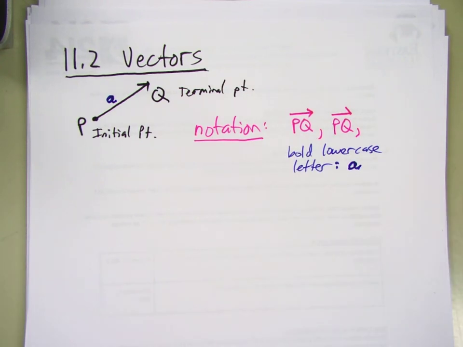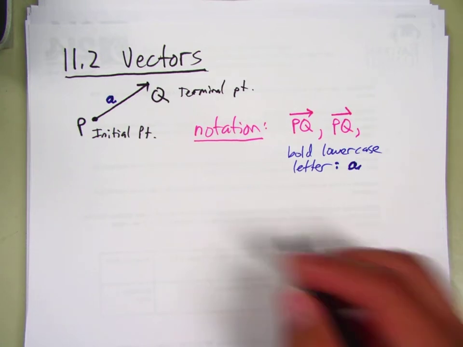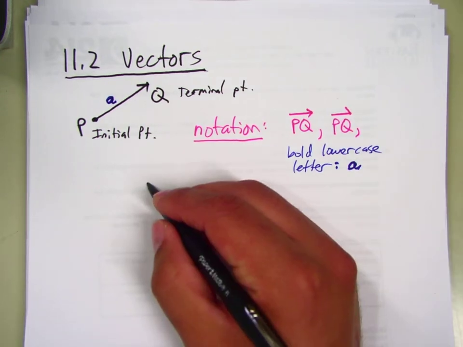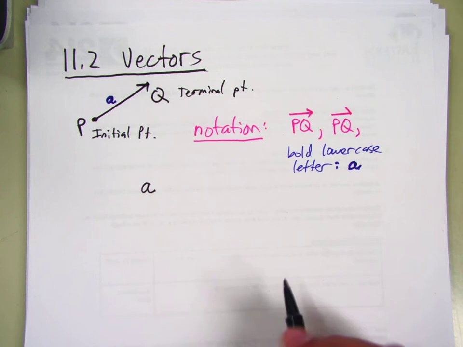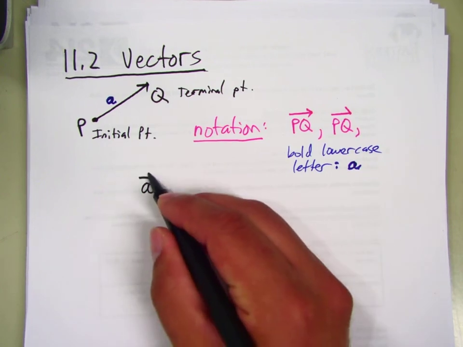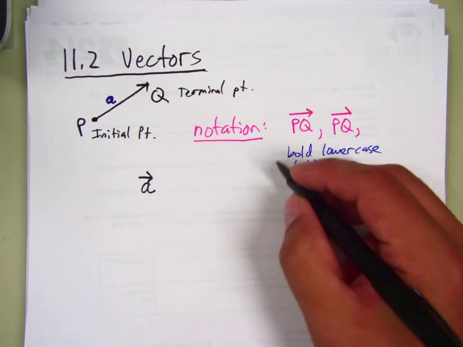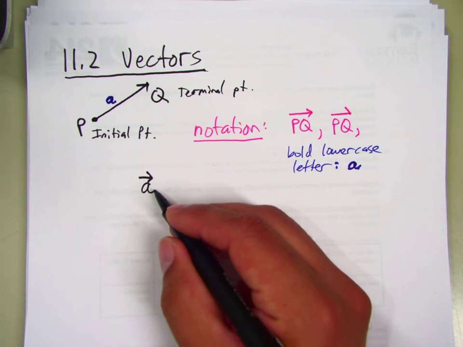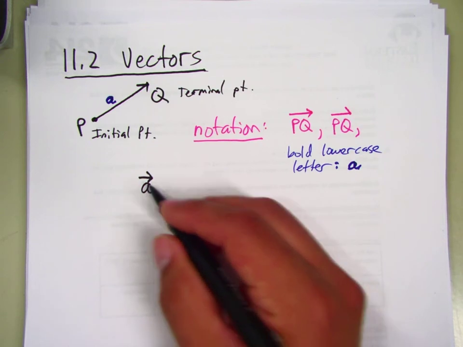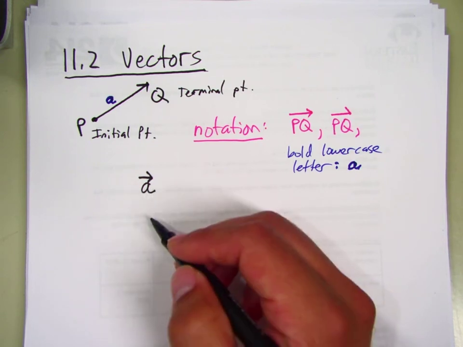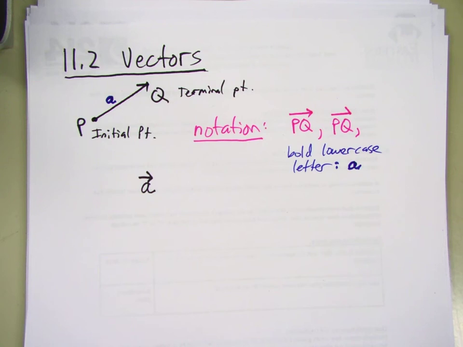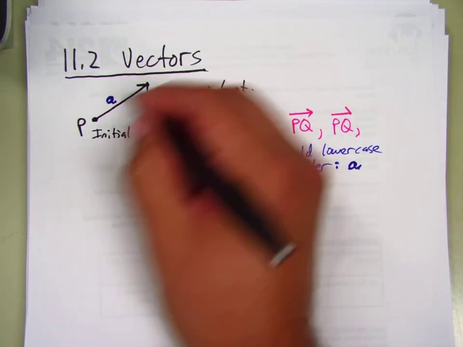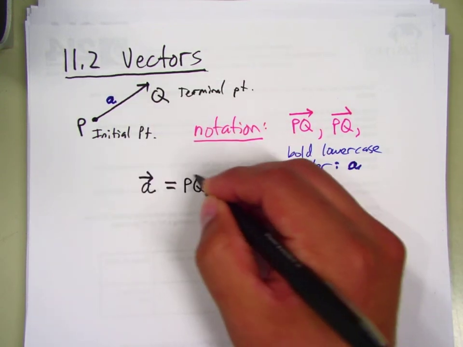Okay? And if that is the case, we could even say in this case now that A, and this is for the book. When you write a single lowercase letter, I don't want you making it bold on paper. Just put a little vector symbol over it so we know we're talking about vector A. Vector A is the same as vector PQ in this case.